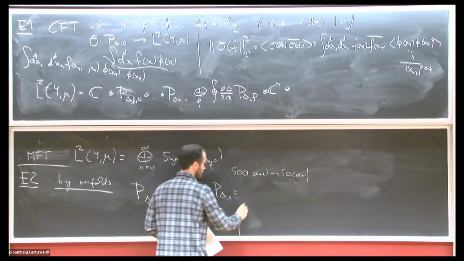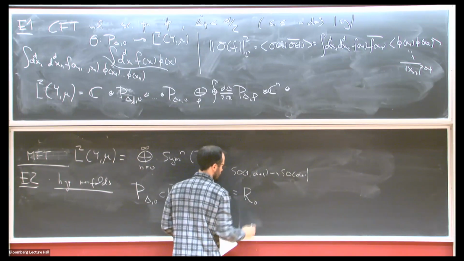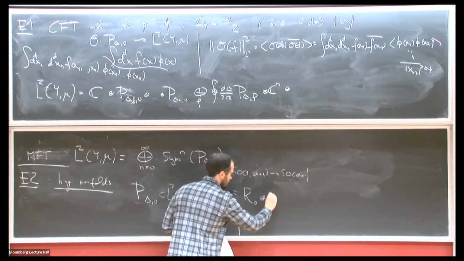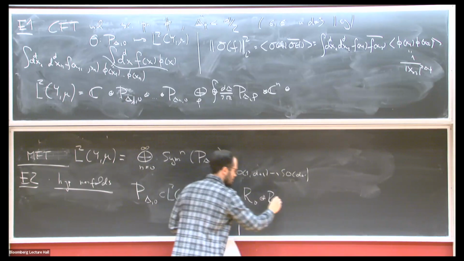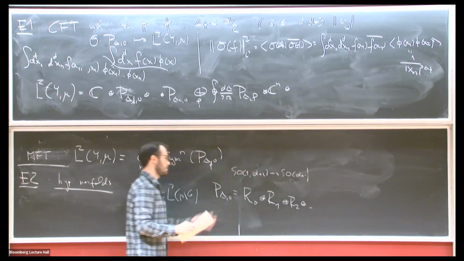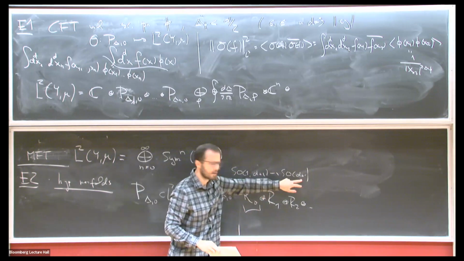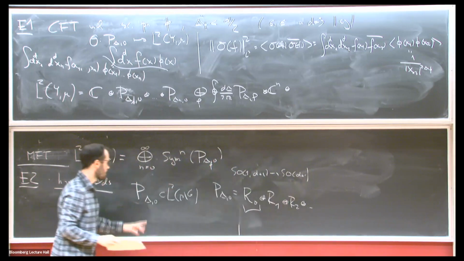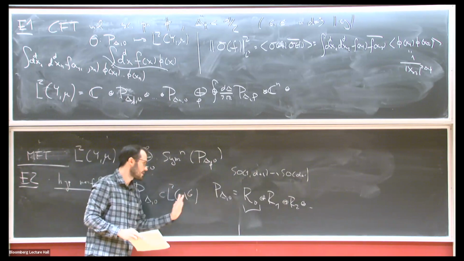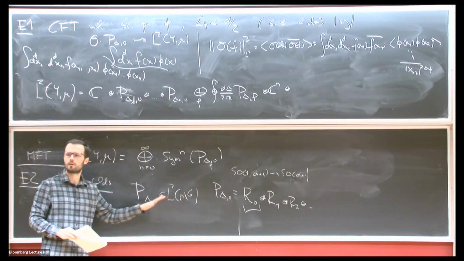And you'll find the trivial representation appearing once, and then there are the symmetric traceless representations of arbitrarily high spin appearing once. But importantly, there is the one-dimensional subspace of these SO(d+1) invariant functions.